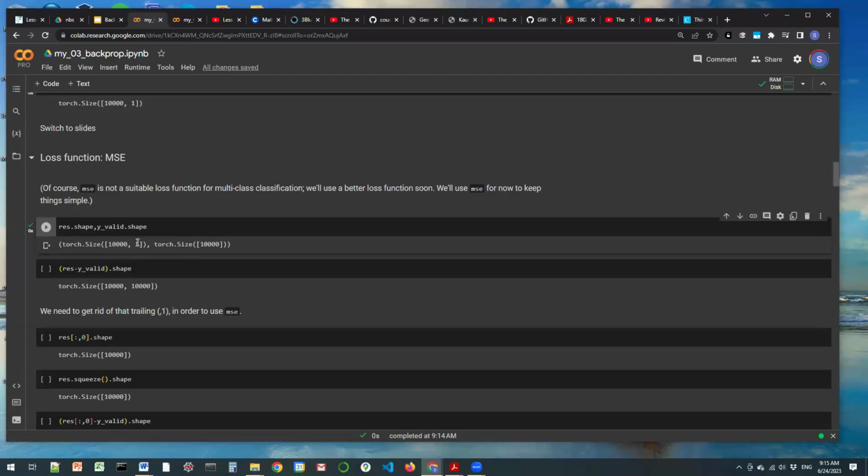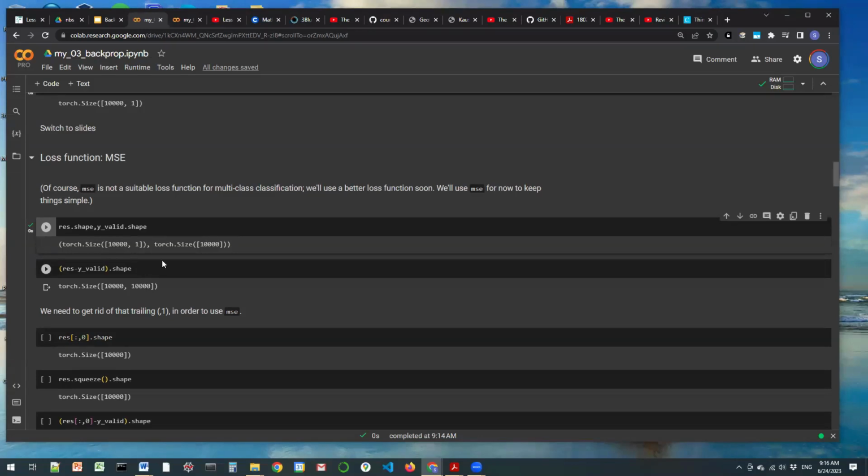The broadcasting starts from the last shape. So the last shape is 1 for the result, and it's 10,000 for the Y valid. So it broadcasts this 10,000 across this unit axis here, and therefore the result is 10,000 by 10,000.